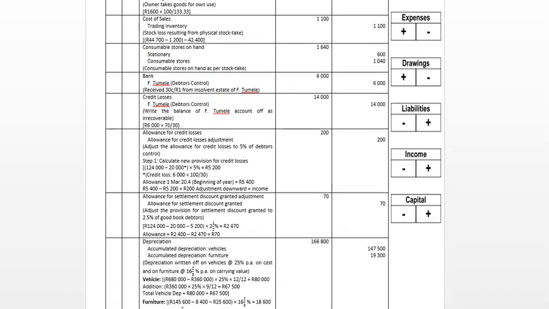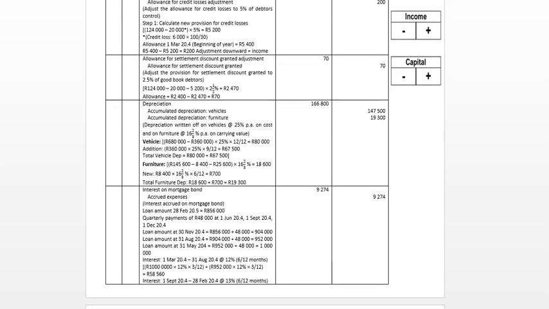So our income has to increase, and if your income increases, then you know it's going to be a credit. So we're going to credit our interest on fixed deposit 200 Rand, and we will debit our accrued income account 200 Rand, because this accrued income relates to the bank or whoever owes you that money. So it's a current asset to you.